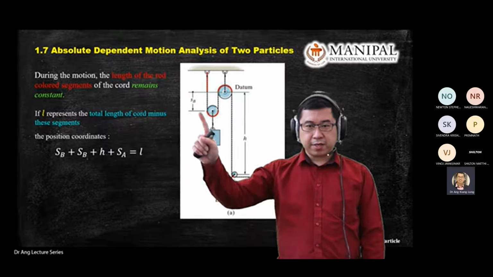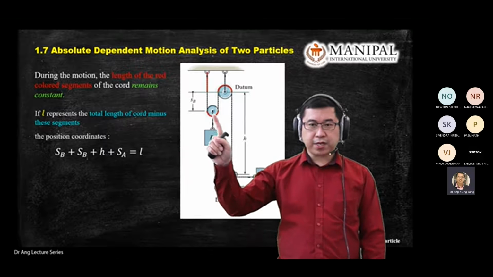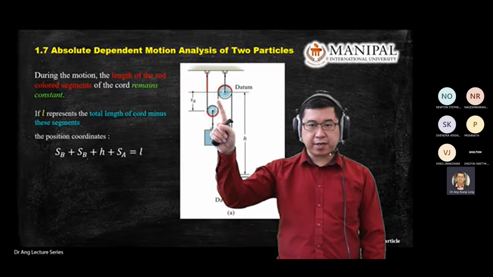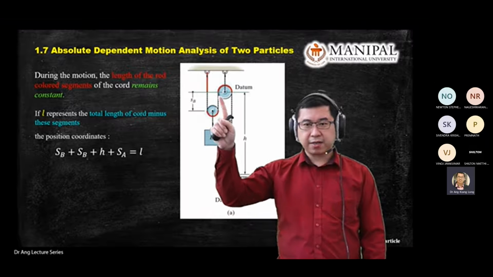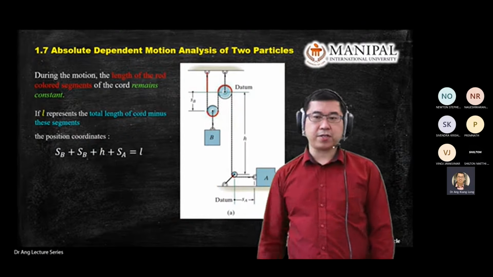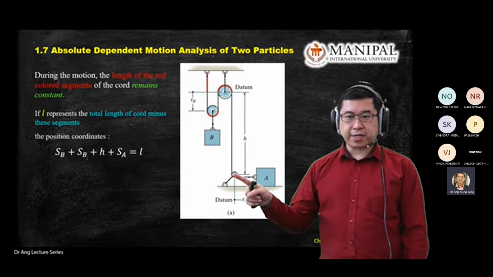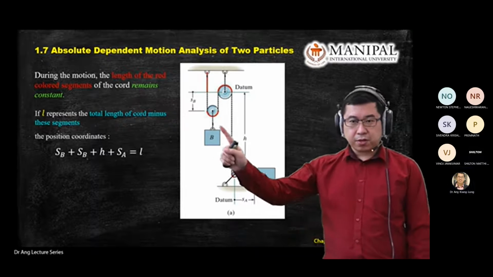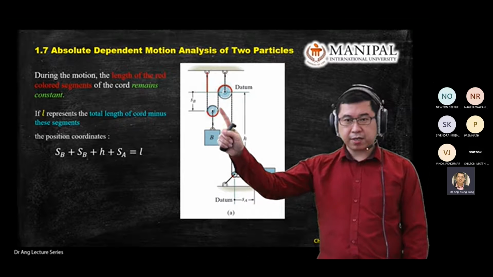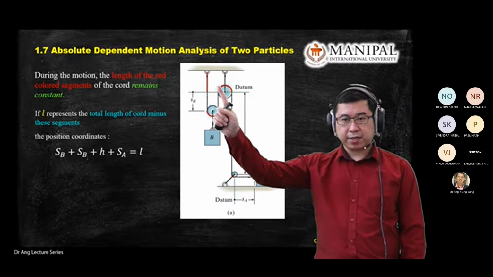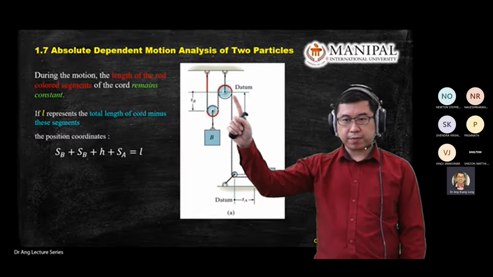However, this one is fixed. The red highlighted line here basically doesn't change all the time. So in your calculation, you can remove all the red color length. You can remove all this.